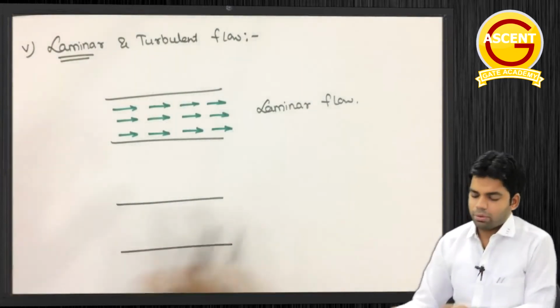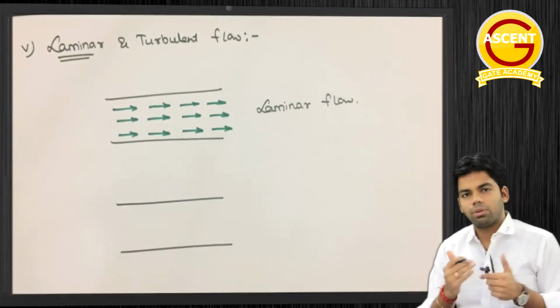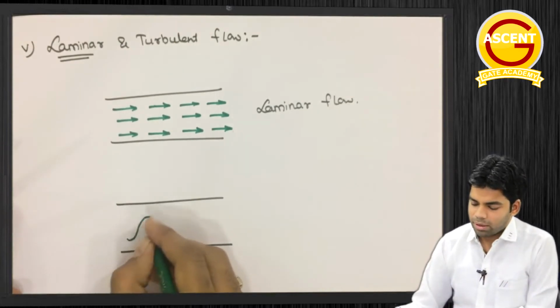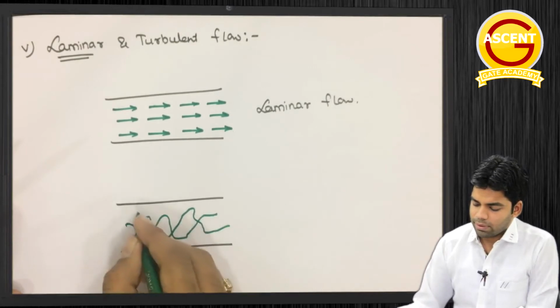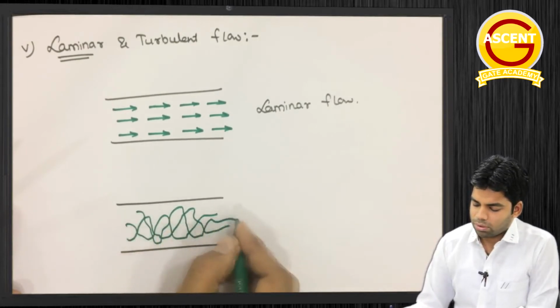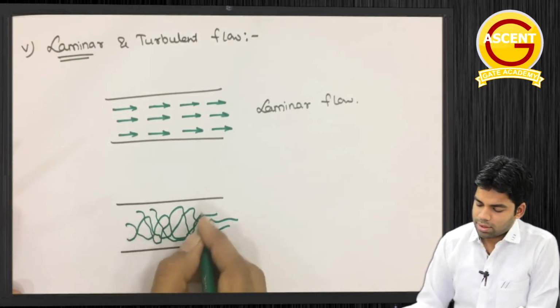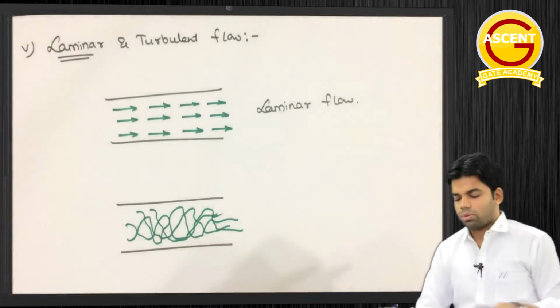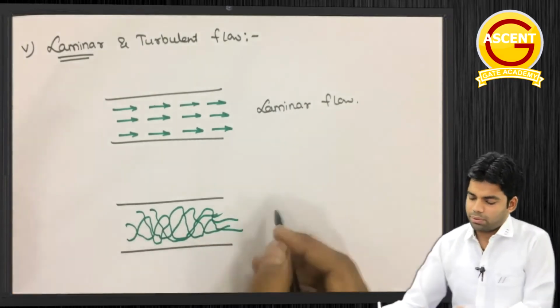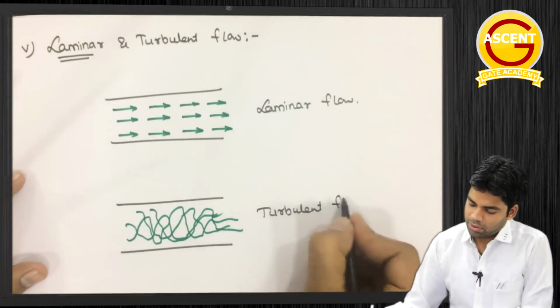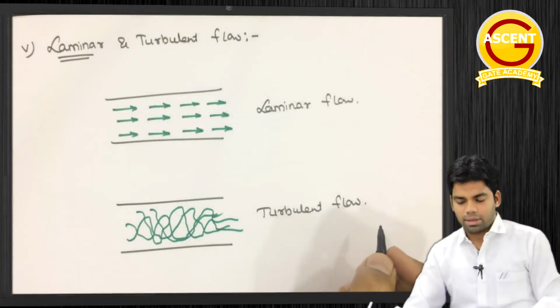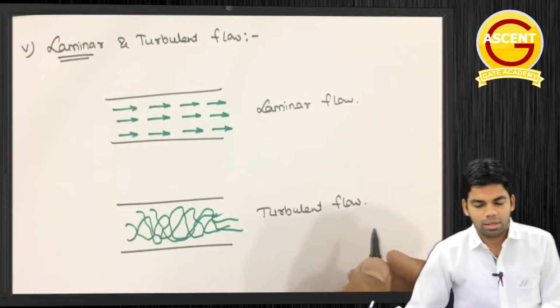In turbulent flow, the fluid particles, the fluid layers, intermix with each other. The flow is very much unpredictable like this. The different particles follow paths like this, an erratic flow you can call it. This is turbulent flow, which cannot be predicted in advance. Such flow is called turbulent flow.